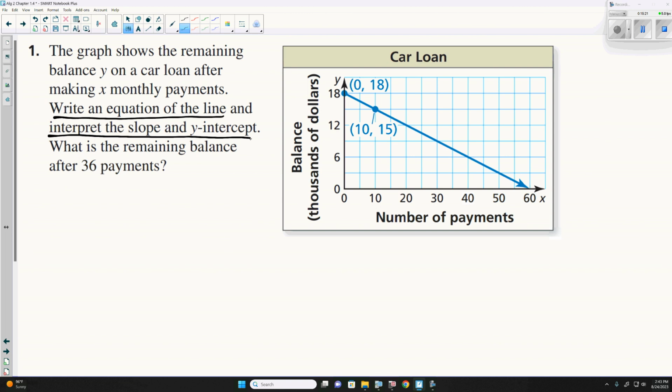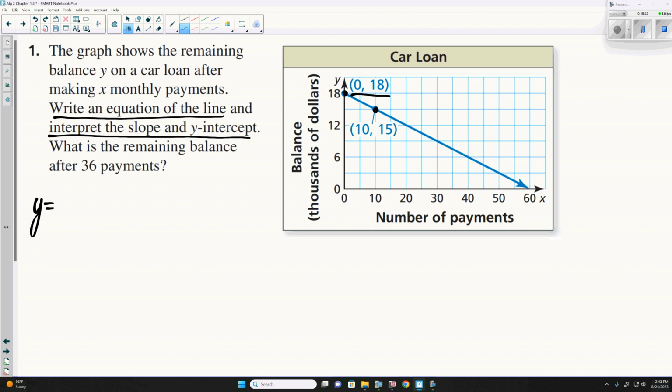So this one here gave us 2 points. One of these 2 points is the y-intercept. Which one is it? 0, 18 would be the y-intercept. So this is helpful.